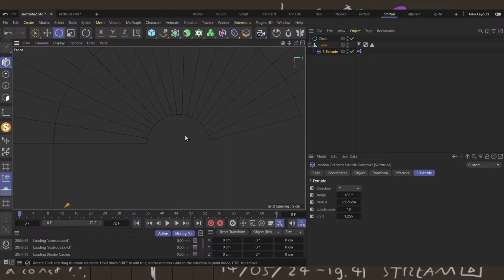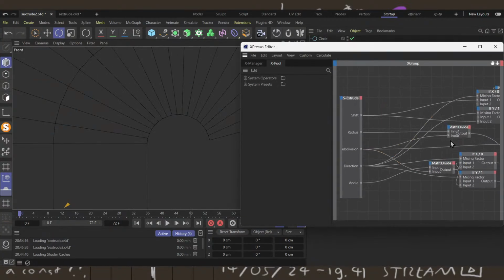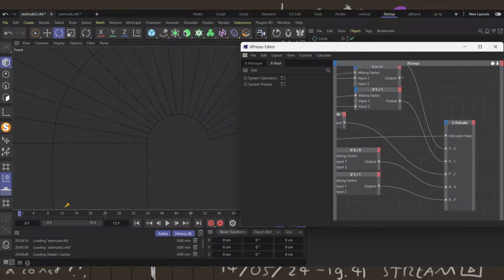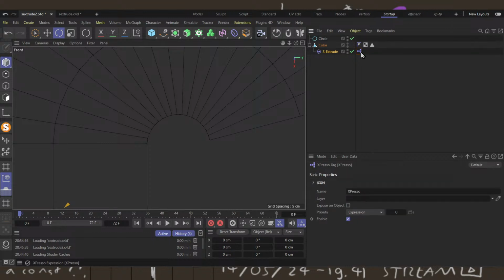Okay. Angle, radius, and subdivision. Radius is just this divided by subdivision going to pz, so we can just ignore the subdivision.